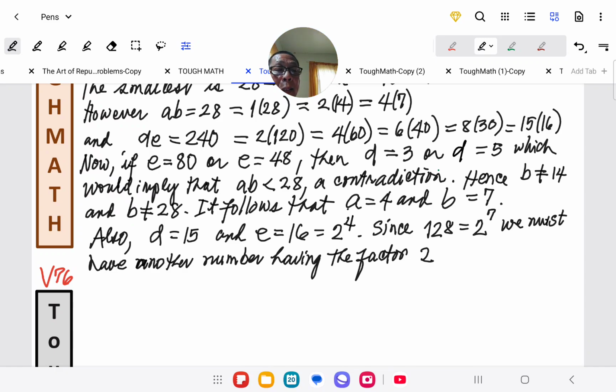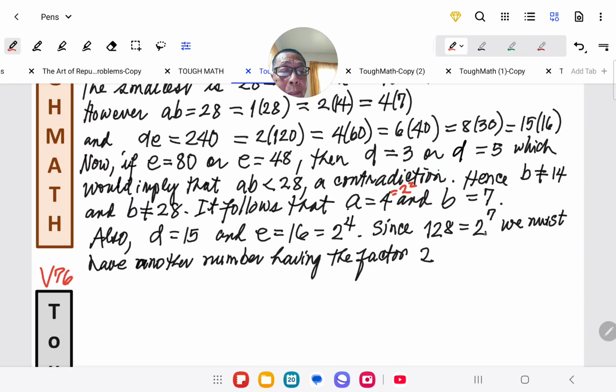Okay, we need another number having the factor 2 because A, which is 4, is 2 squared. And then D, which is 16, is 2 to the 4th.